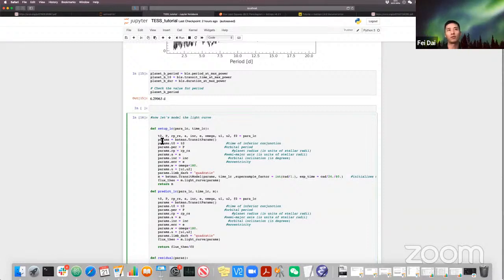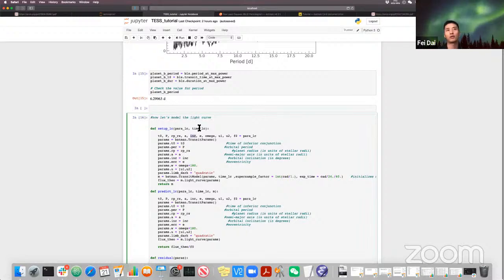The key parameters here are the time of the first transit, the orbital period of the planet, the planet-to-star radius ratio, the semi-major axis of the planet, and the orbital inclination, which quantifies how inclined the planet is compared to the sky plane.